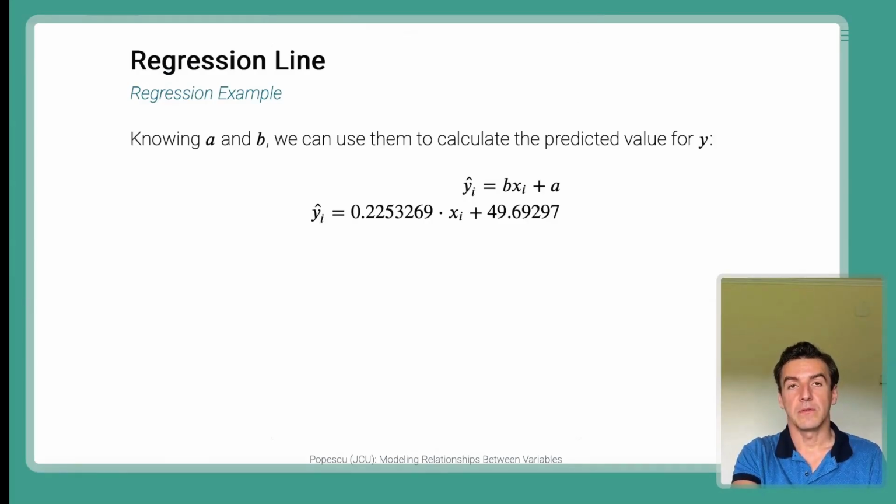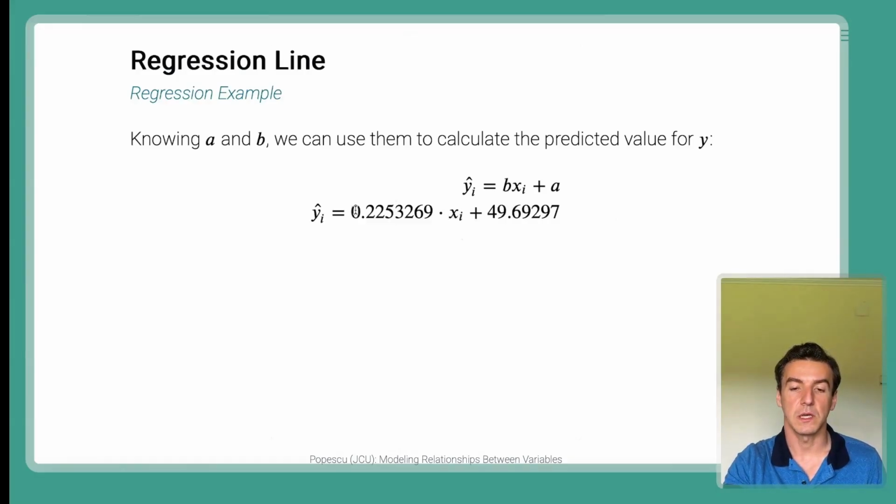Knowing the value of A and B, alpha and beta, we can use them in order to calculate predicted values for Y. So remember that this sign is read as predicted value of Y, which is equal to beta xi plus, so this is going to give us this number multiplied by xi plus 49.69.